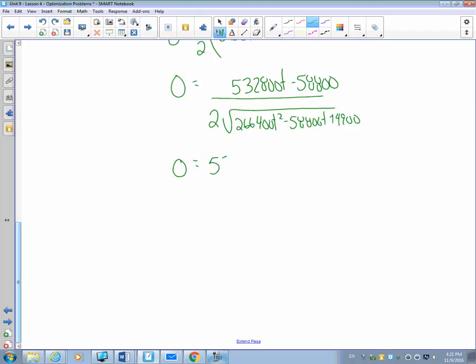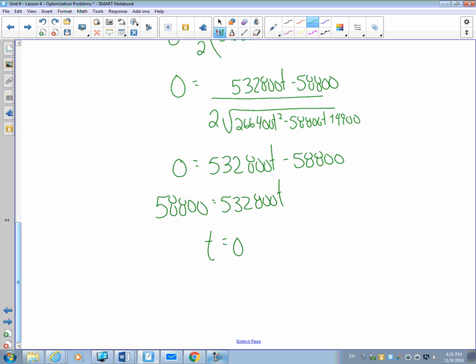So we'll end up with 532,800t minus 58,800. We're going to solve that. Same steps we did last time, just bigger numbers here. Okay, we're going to divide both sides by 532,800, and t will come out to 0.11 if you do it right.